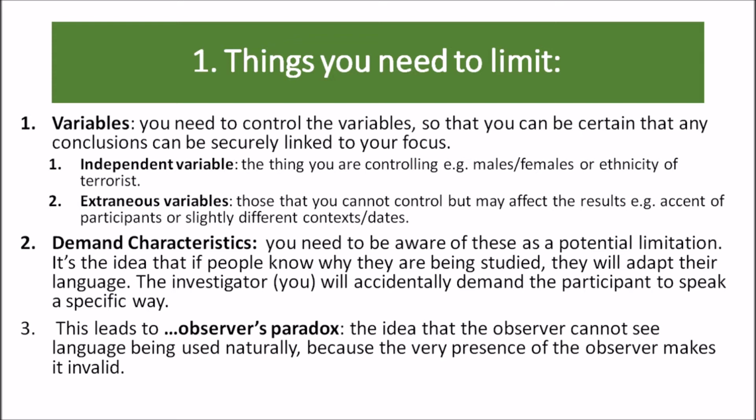Your extraneous variables are those other ones. Anything else that can influence the language that the person is using at that specific moment in that specific context is an extraneous variable, and you need to think what they are. You can't control it, but it may affect the results of your study. For example, I spoke last week about someone who was investigating the differences between a female and a male's closing speech.